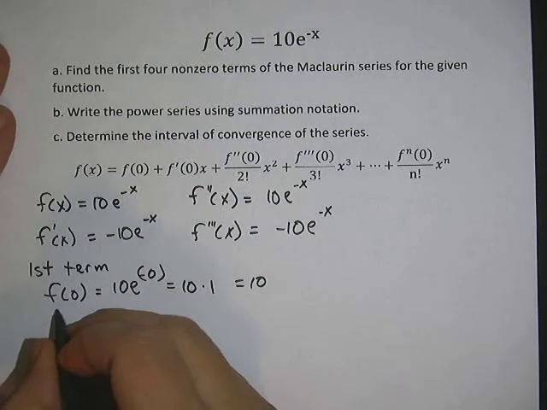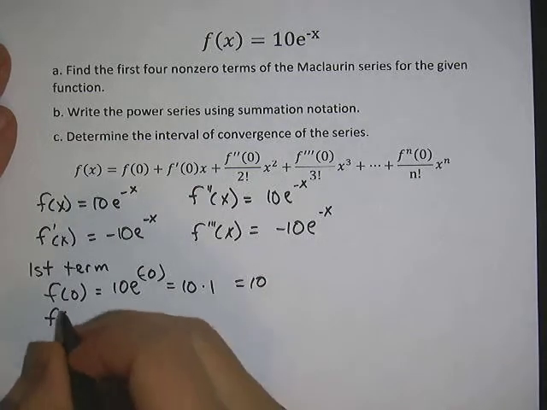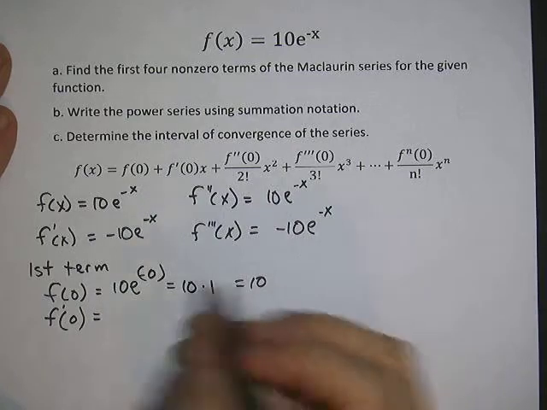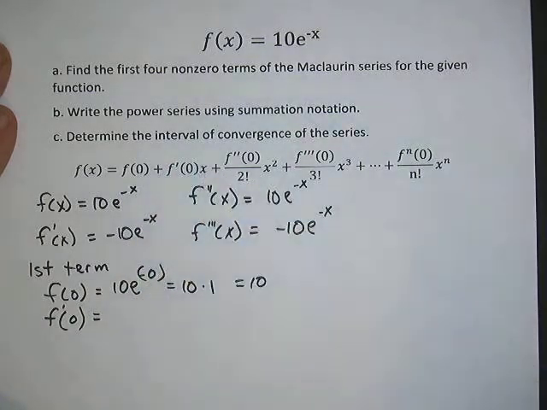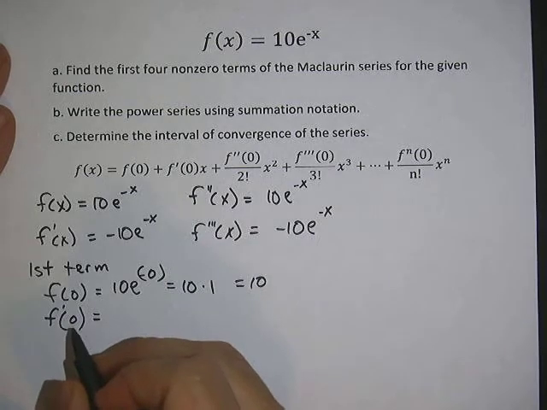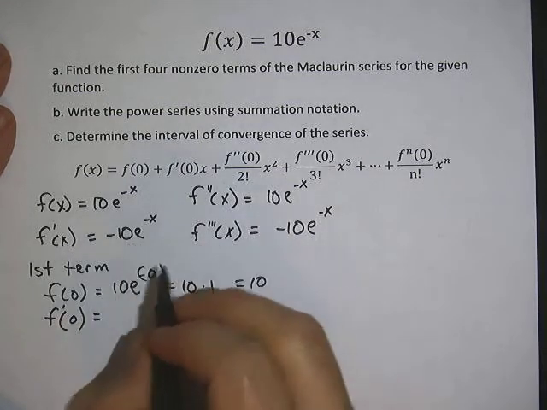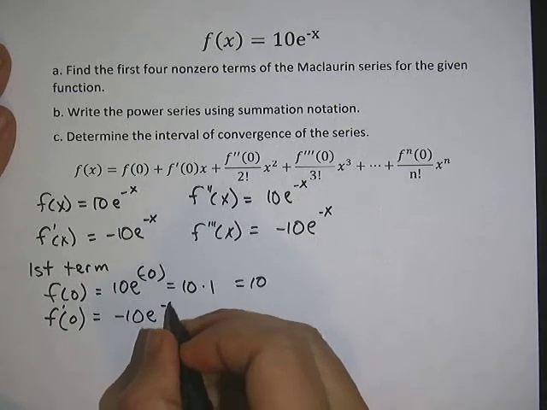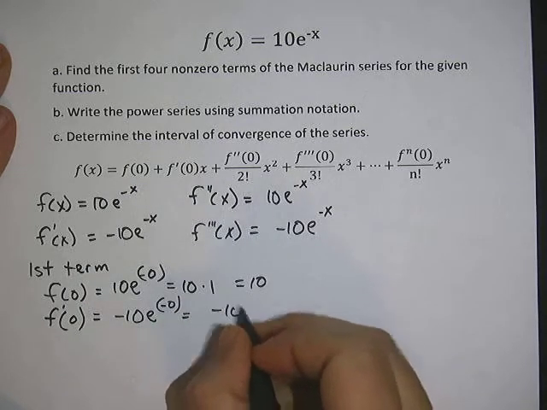Then we have f prime of 0. Remember, this f prime of 0 is also going to have an x on it, so we will include that in our term. But first, let's figure out what f prime of 0 is. We plug 0 in here, and we get negative 10 e to the negative 0, which becomes negative 10.